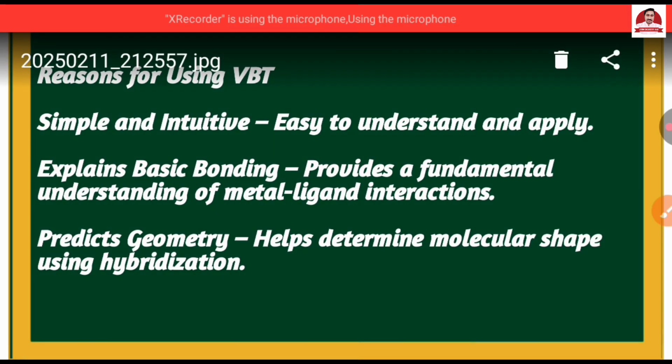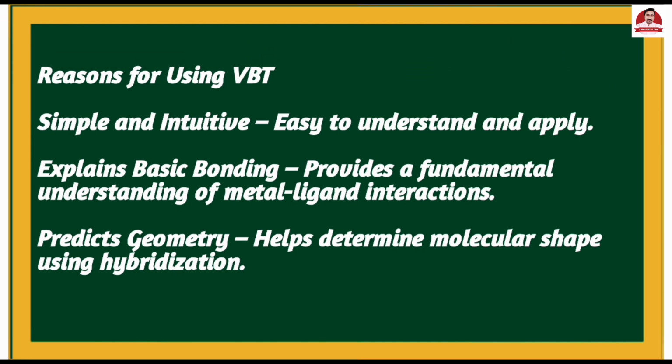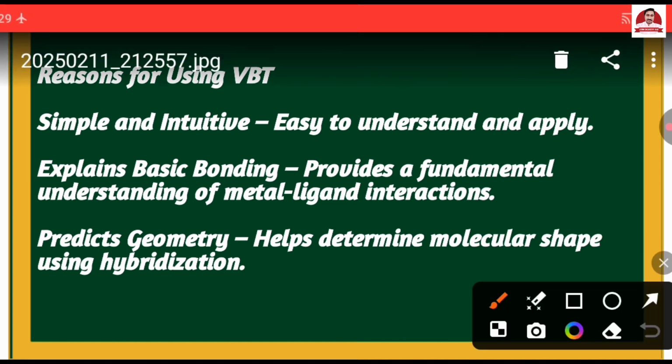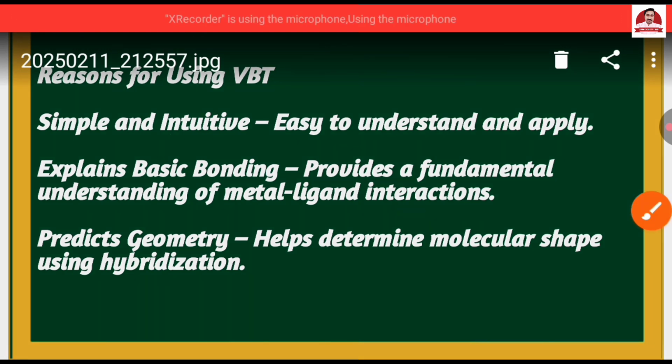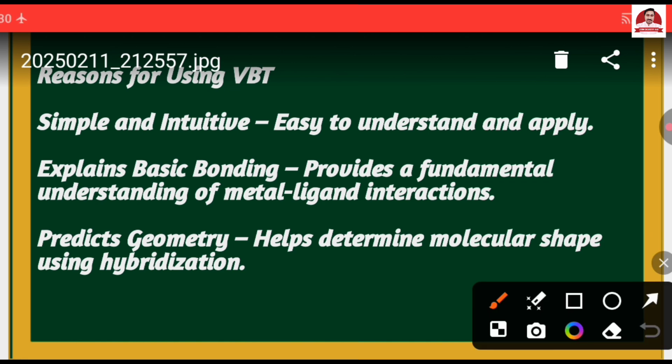Next, what are the reasons for which we use VBT, valence bond theory? VBT is used due to its simplicity and intuitiveness, that is, it is easy to understand and apply. It explains basic bonding.